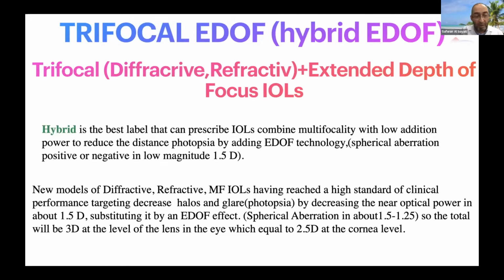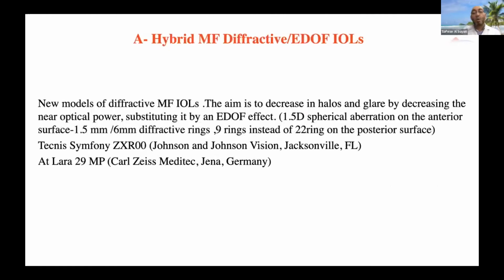So the total will be around 3 diopters at the level of the lens in the eye, which equals 2.5 diopters at the corneal level. And this is only, unfortunately, in certain lenses. So we will see what we have.